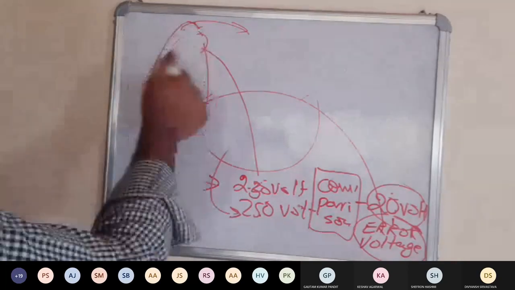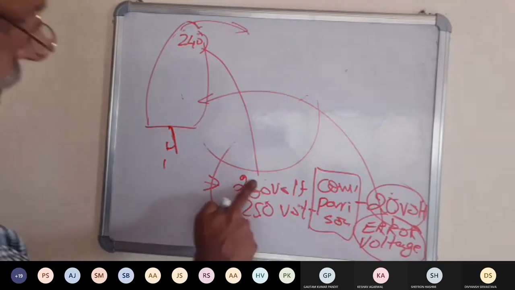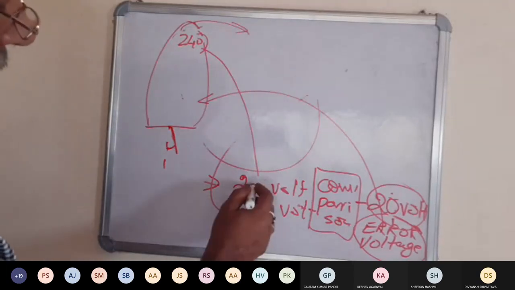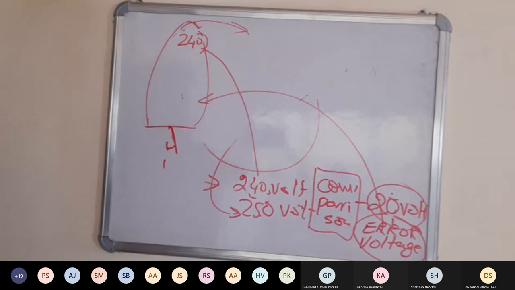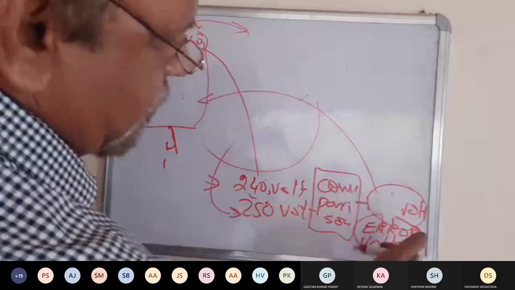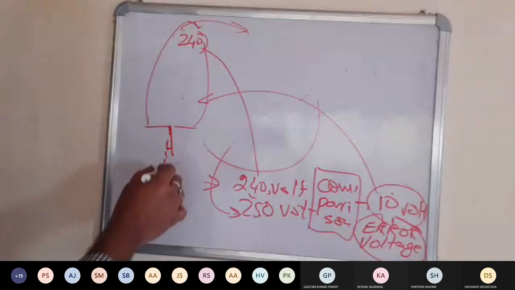When it goes, the ship goes 240. The input voltage to the autopilot is getting 240. What is the difference? 10. So the error voltage becomes 10 volt and the rudder is brought to less.